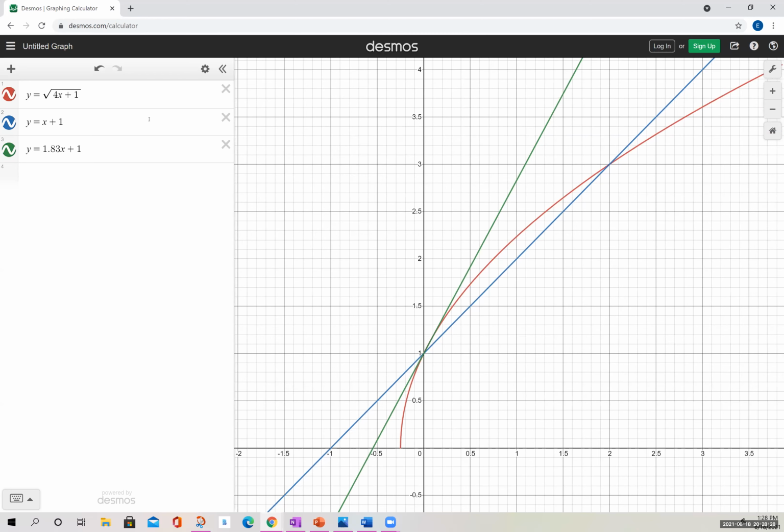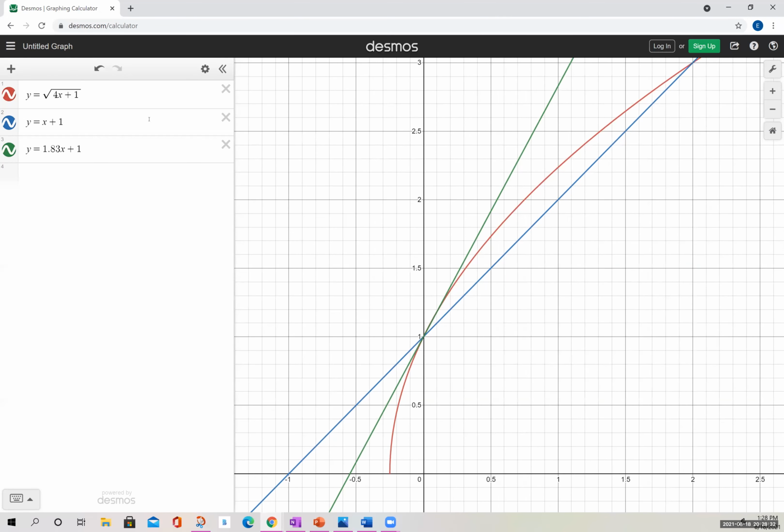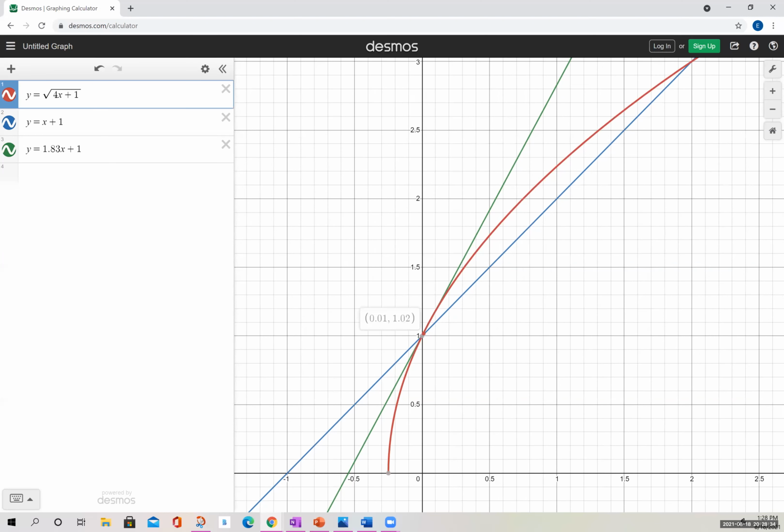I don't know if you can see the difference, but notice that the green one looks more like the slope at this point, where this blue line in here is a lot different. It doesn't look as much like it.